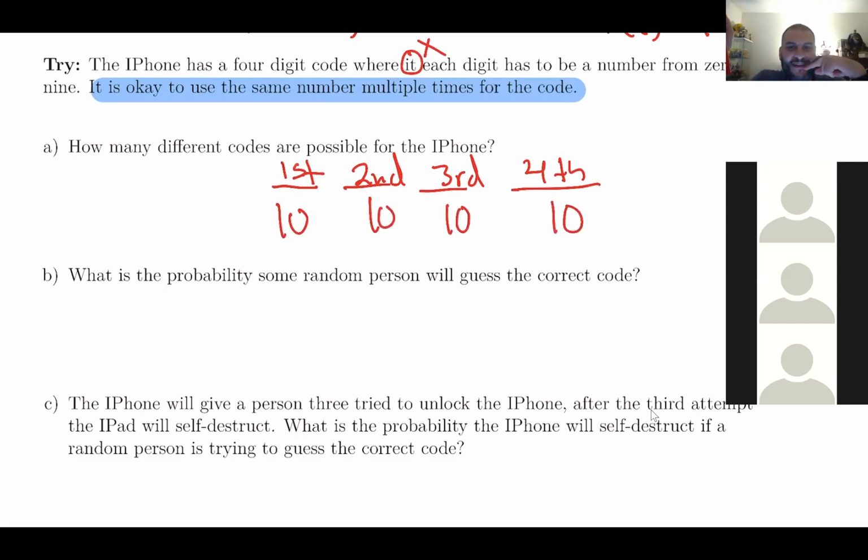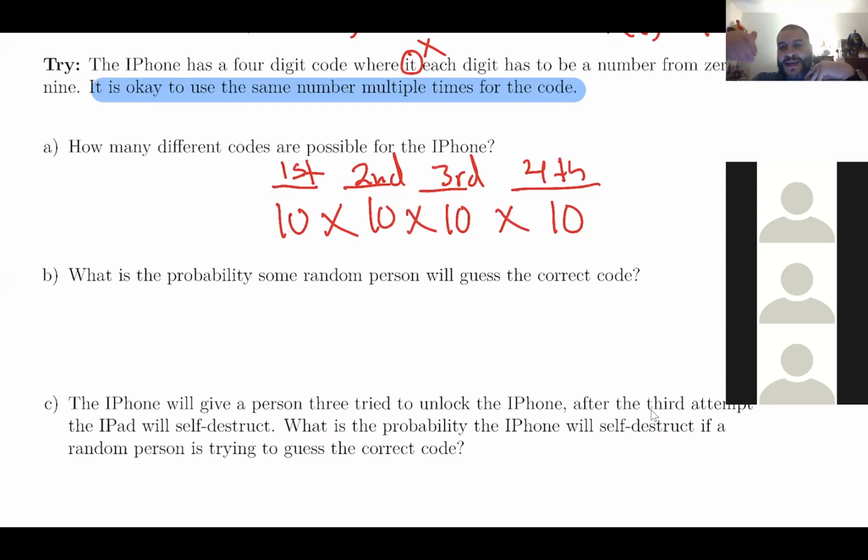You have the first digit, second, third, and fourth digit. Since you could choose a number from 0 to 9, there are actually 10 digits, so each time I choose a digit, I have 10 numbers to choose from. So we say 10 times 10 times 10 times 10.